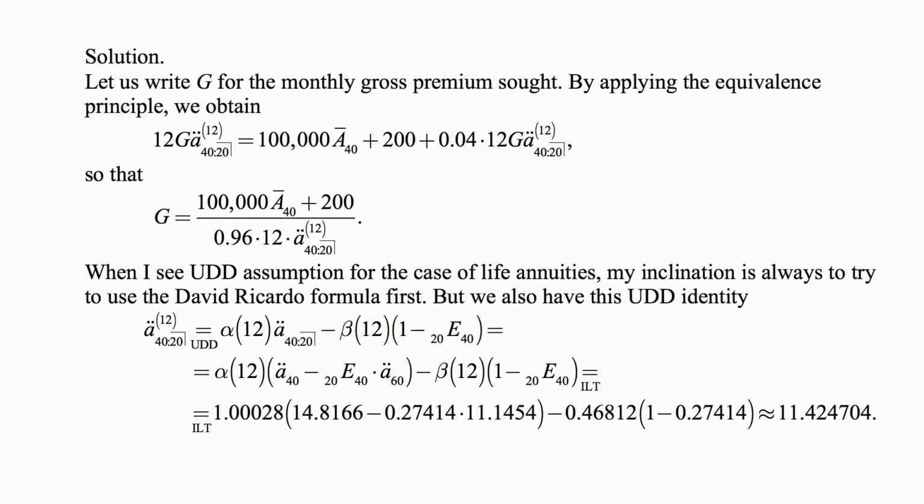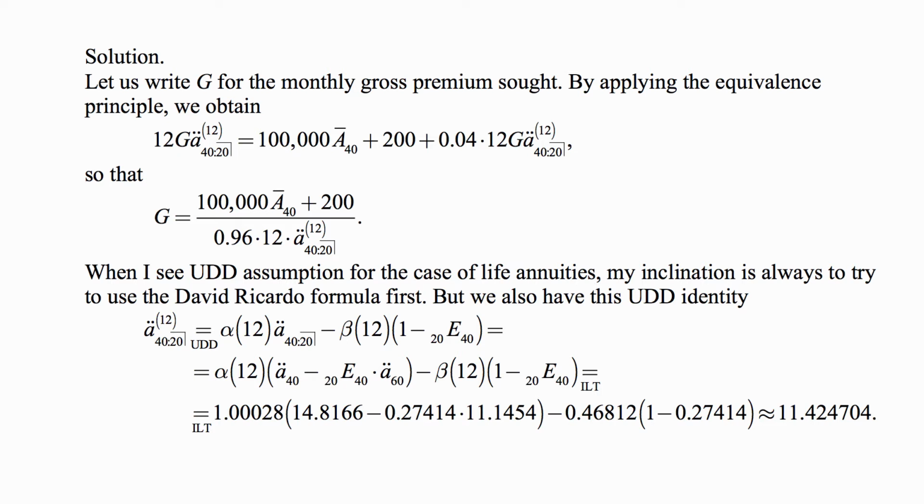One important observation is that the premium is paid monthly, but the benefit is paid continuously, so two different modes of payment. However, we are told that uniform distribution of deaths applies. Interest rate is 6%, and we can use the illustrative life table, so we can look up things in the table because the interest rate is 6%, in terms of actuarial present values of death benefit and so on.